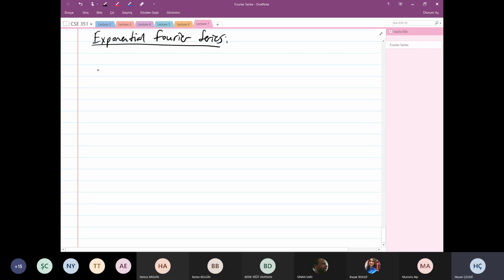Let's write down the compact again. Cn times cosine n omega 0 t plus theta n is equal to, we can write down this cosine in terms of exponential, right?